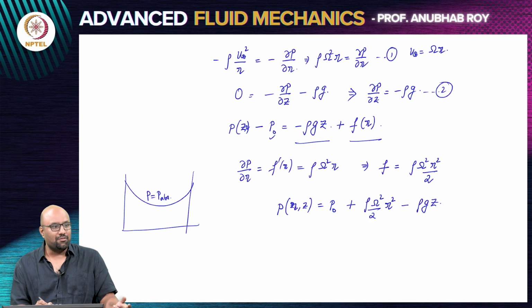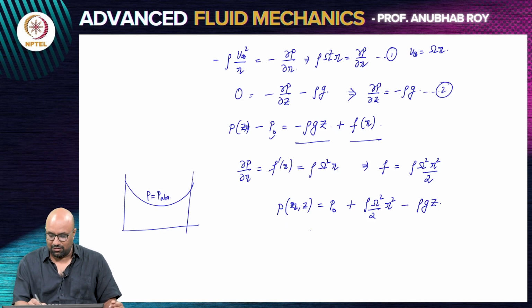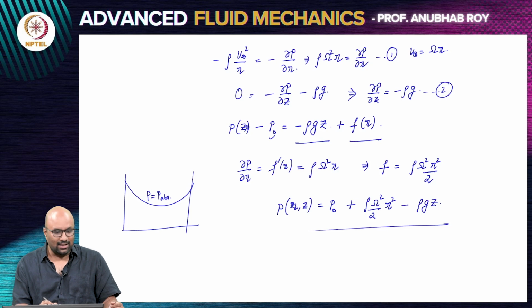Now, if you discount the presence of any surface tension, if you say that surface tension effects are negligible, then the pressure inside the liquid at the interface should be the same as the pressure on the other side of the interface. So, if this was evaluated at the interface, it should just be P atmospheric.